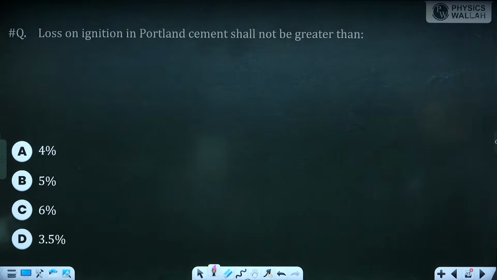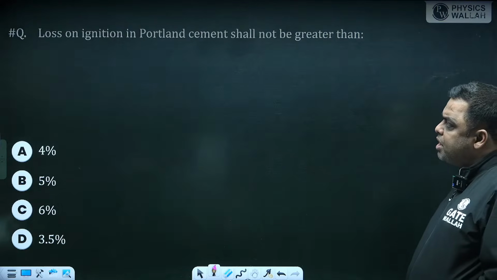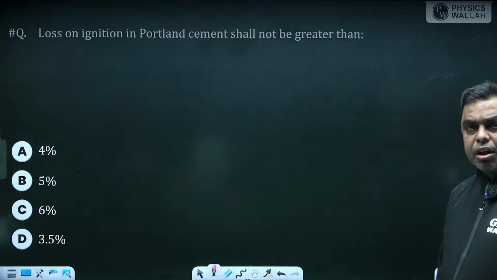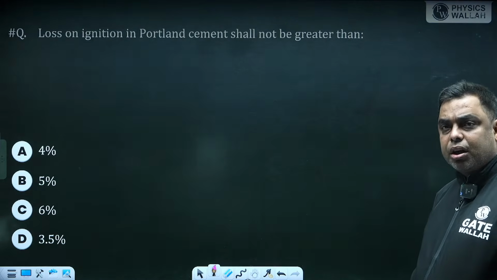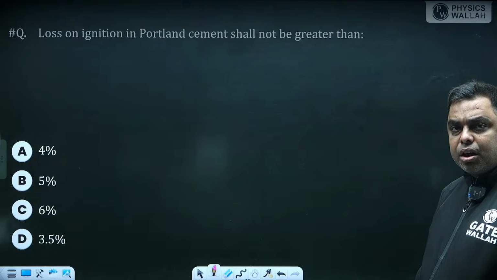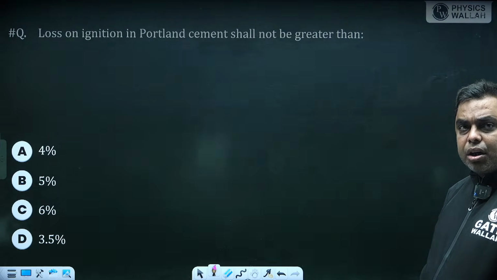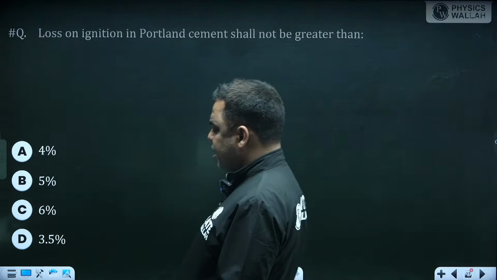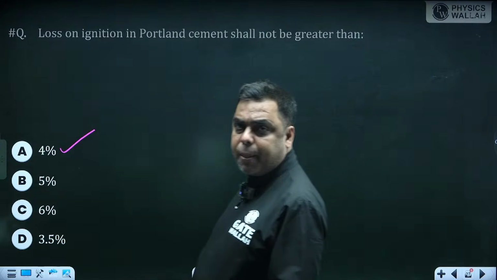Next. Loss on ignition in Portland cement shall not be greater than 4%. Again, it's also a fact.